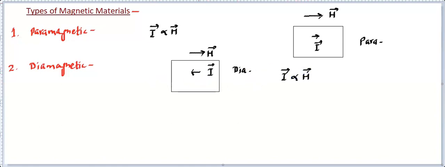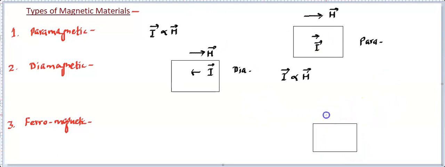So these are the two types, and the third type is called ferromagnetic materials. We are studying these materials based on their response when we apply an external magnetic field. In a ferromagnetic material, there is again magnetization when we apply a field, but it is entirely different.